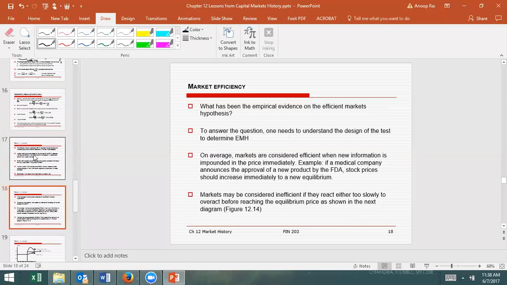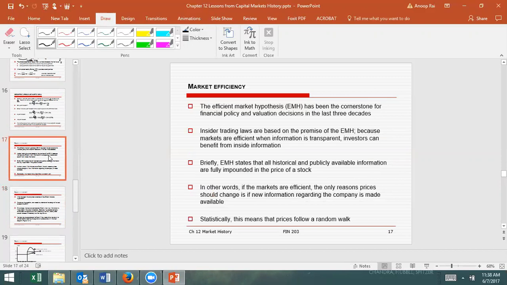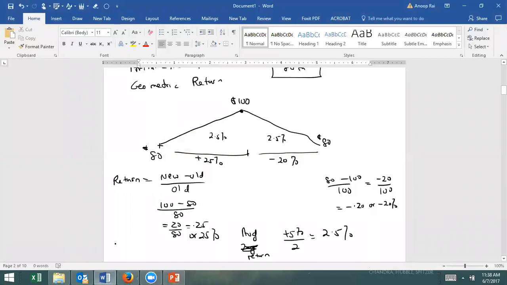So we need to understand that whenever you see the price of a stock in a market, you have to assume that enough analysts have followed it, and therefore they've used all the available information, which is impounded. Let me explain that a little bit more.